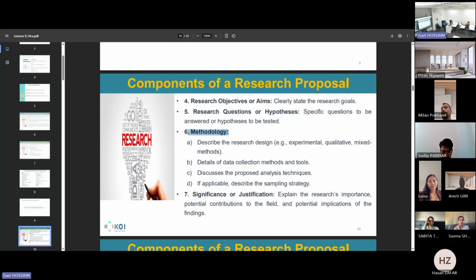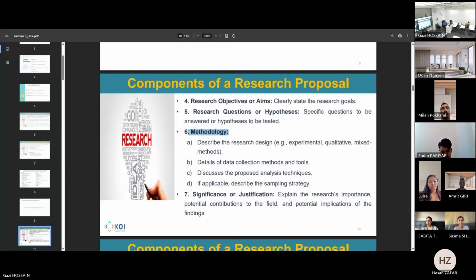If it is qualitative data, then we need to analyze using thematic analysis or content analysis.